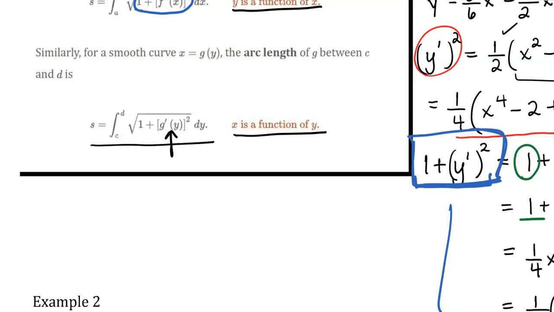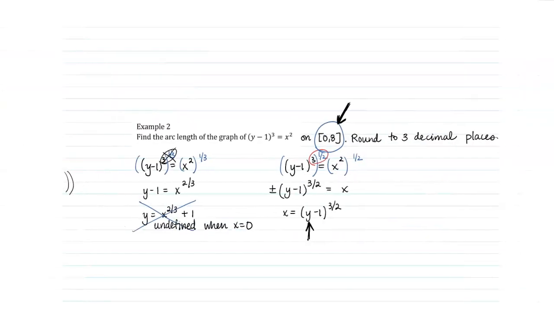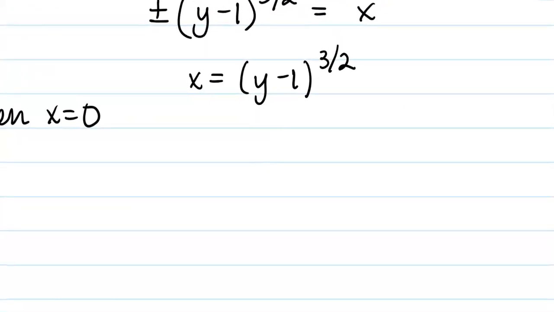We need to take the derivative of what x is. So I'm not taking dy dx, I'm taking dx dy, x prime. So we will bring down the exponent of 3/2, keep the y minus 1. The new exponent is a 1/2 because we do 3/2 minus 1. So we have that derivative there.